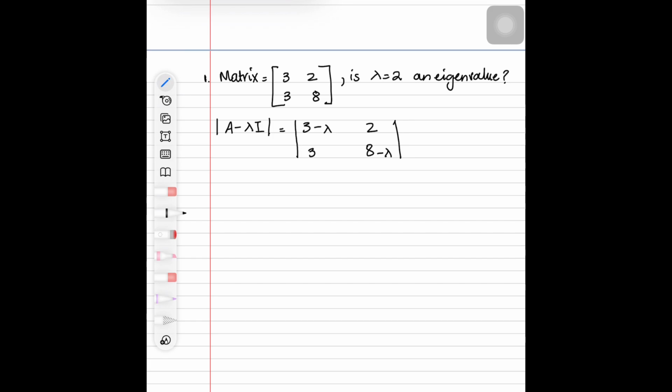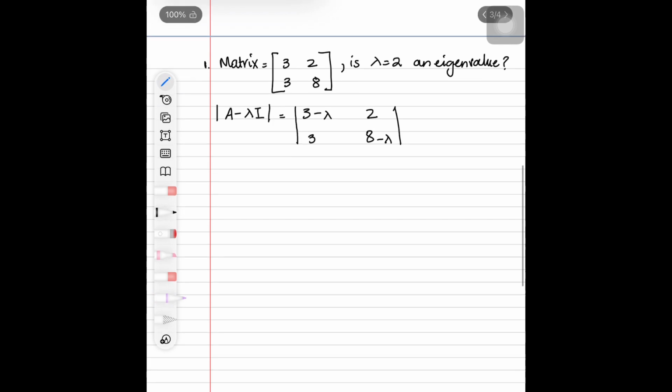On a side note, I'll just mention how we did that. So we have the matrix A, which is basically 3, 2, 3, 8. So we have the lambda, and we have our identity matrix, which is 1, 0, 0, 1 in this case, which is a 2 by 2 matrix.